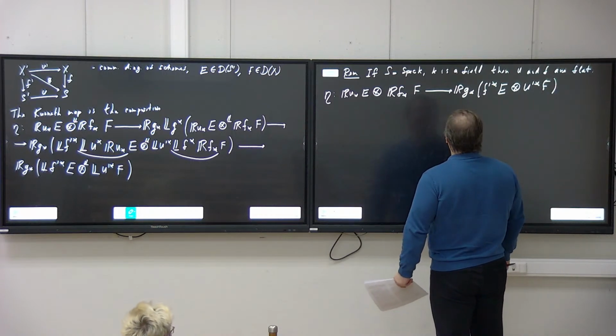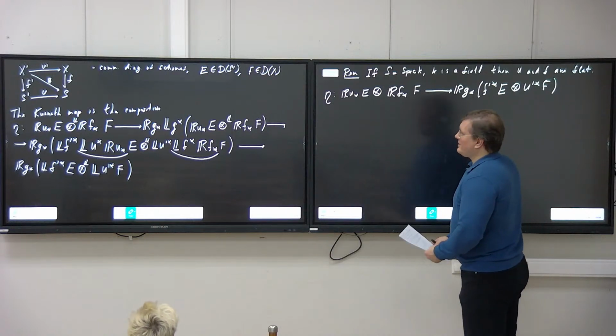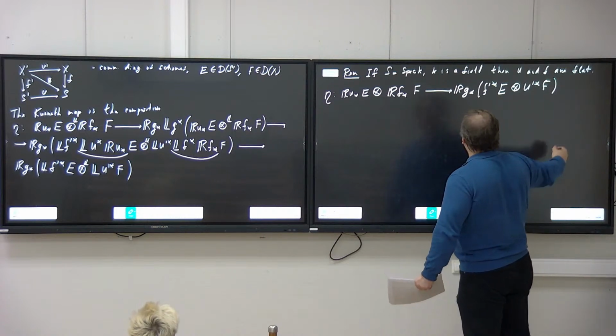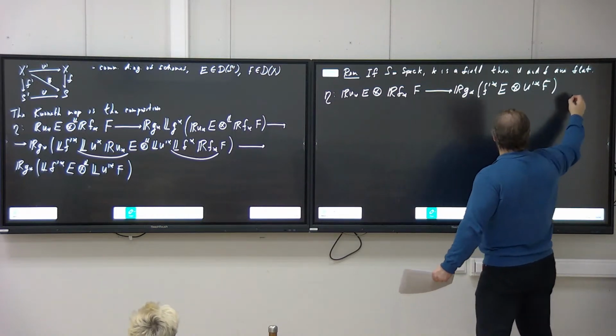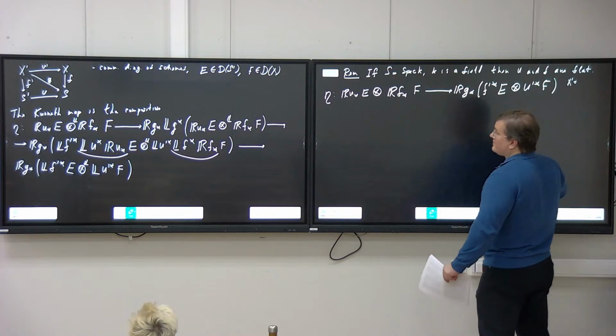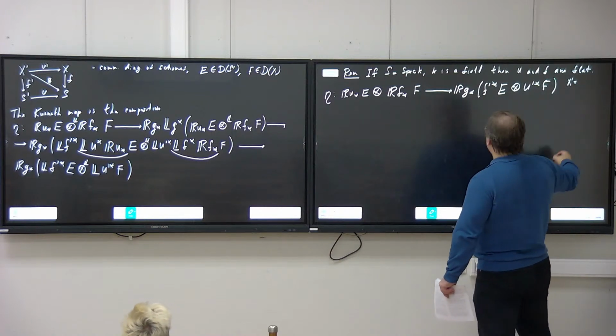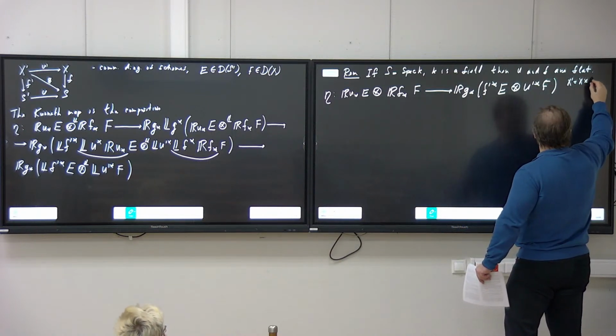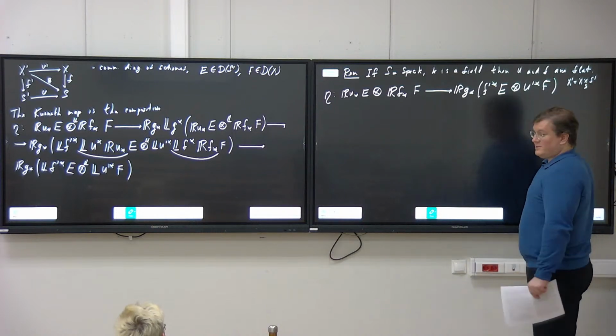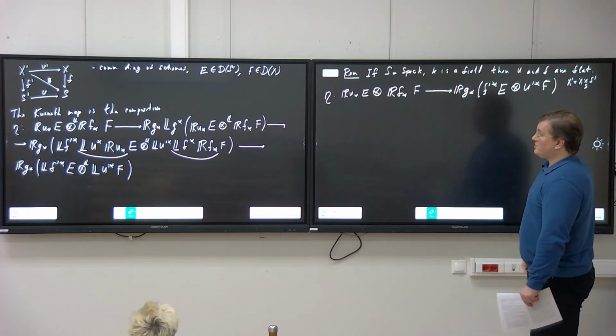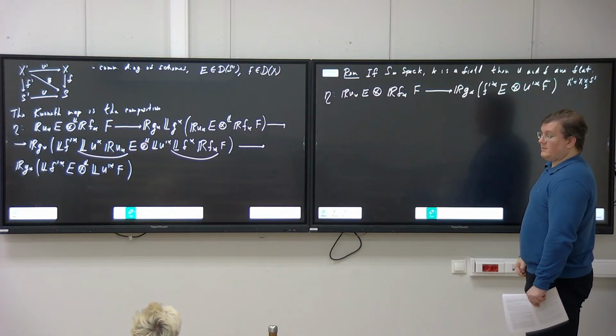We need U and F to be flat. Well, because I want the simplest possible case, so let me also assume that X prime is the product of the X and S prime over S, right? So then this will be a Cartesian square, and the base change of the flat is flat.